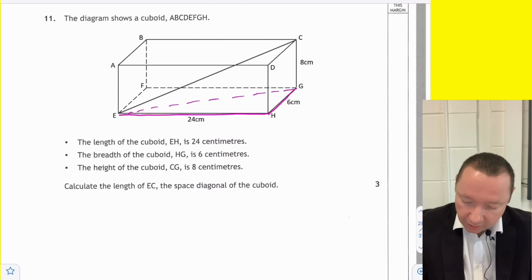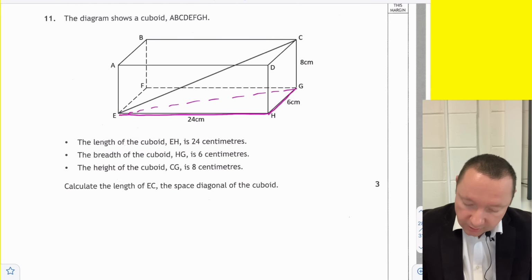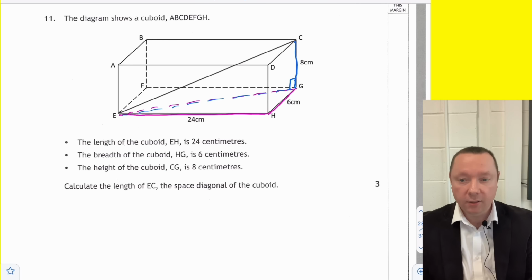If I calculate this length, that'll give us one Pythagoras once. But then if I start again with a different colour, since it's a 3D shape, this length and this length are also at right angles. So I can use Pythagoras again to get this length. So I'm basically doing double Pythagoras.